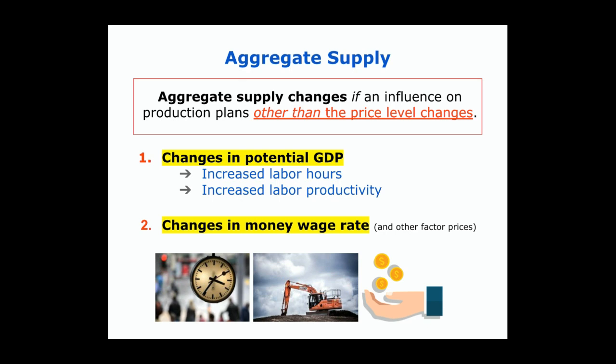Well, then potential GDP is going to be greater. We also might have a change in aggregate supply because of a change to the money wage rate or one of the other factor prices.